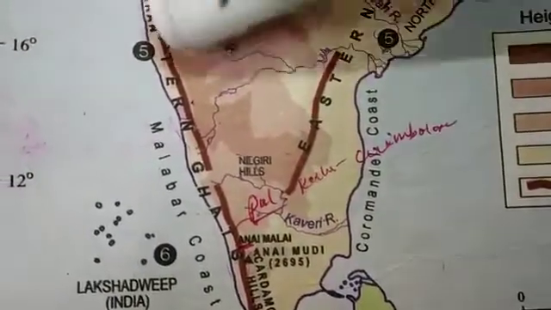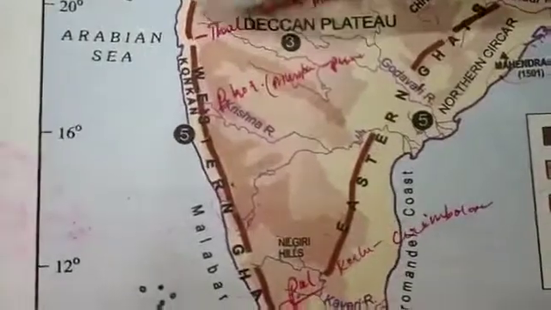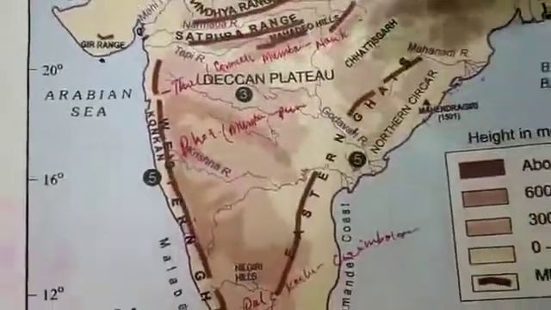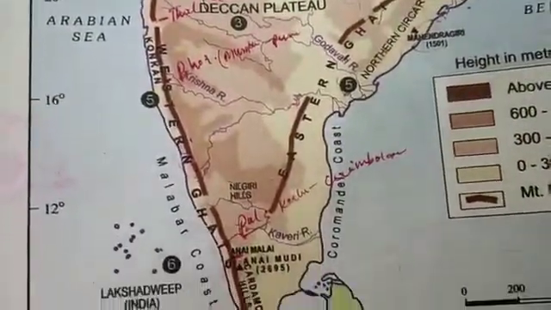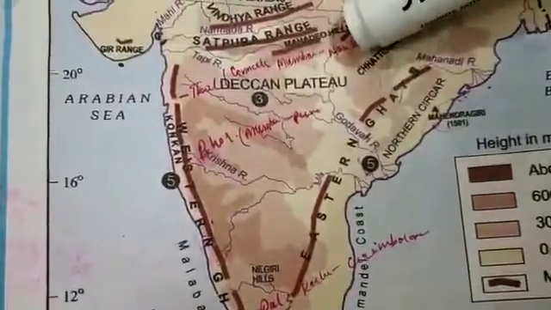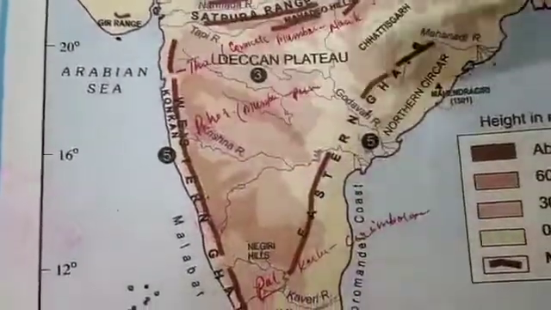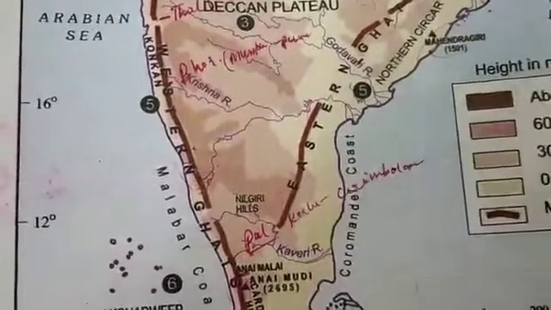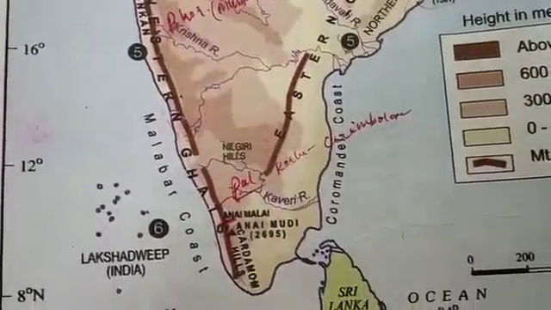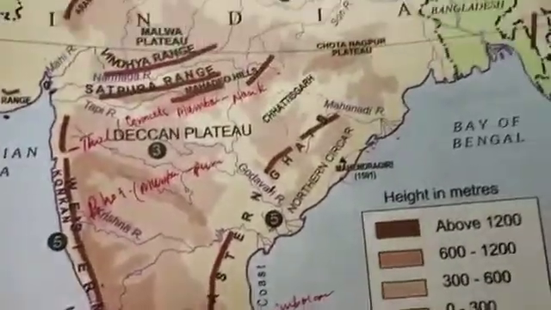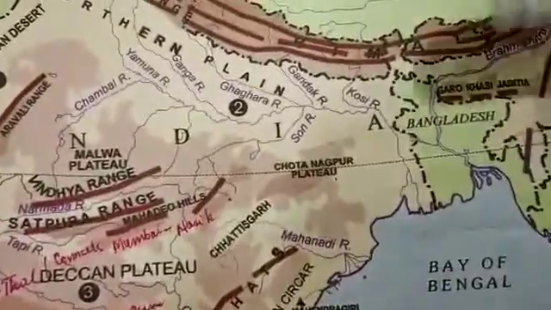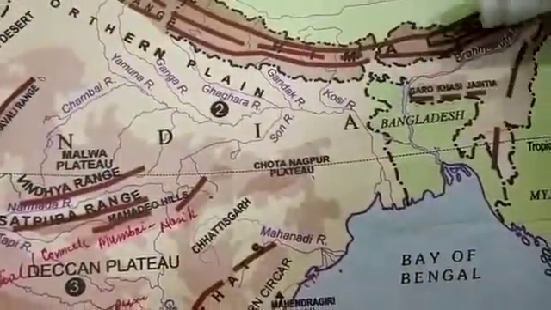So this is the Deccan Plateau, triangular in shape, as you can see, and it is bounded by the Satpura Range in the north, the Western Ghat in the west and Eastern Ghat in the east. Okay, and the extension of this plateau you can see here in the northeastern states, and the Garo, Khasi, Jaintia.